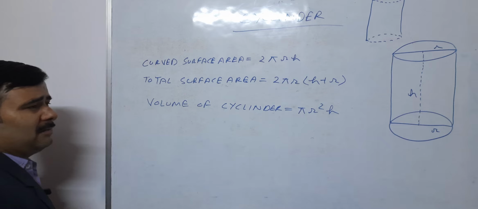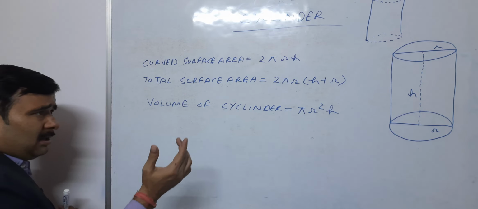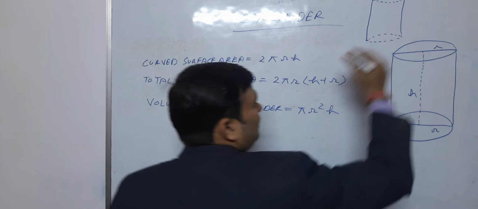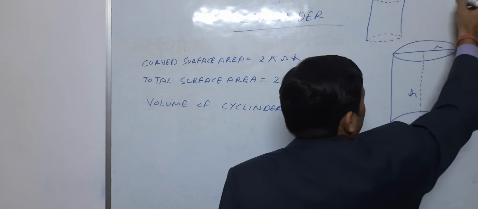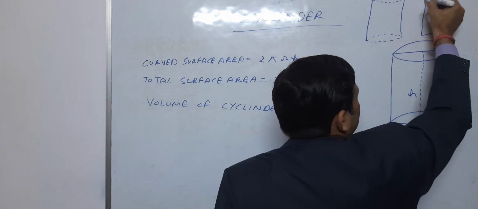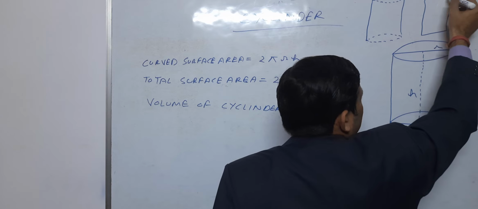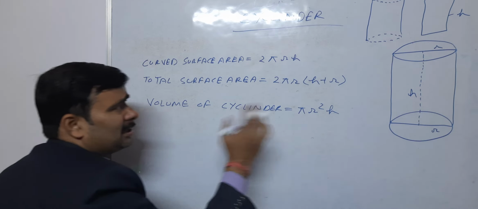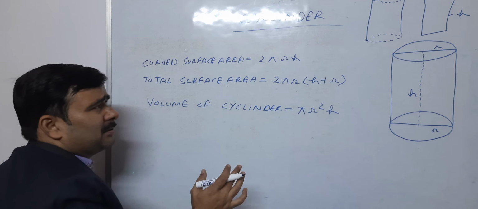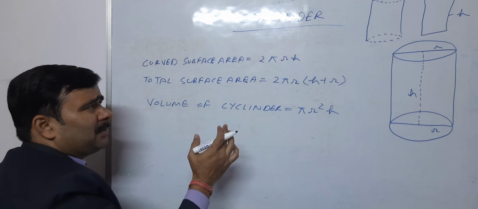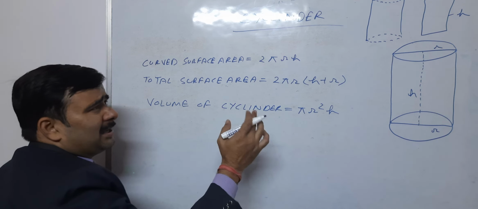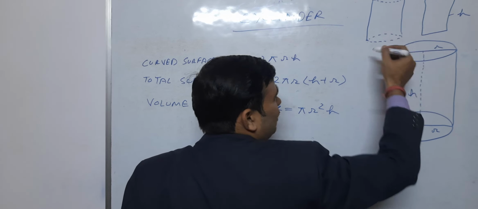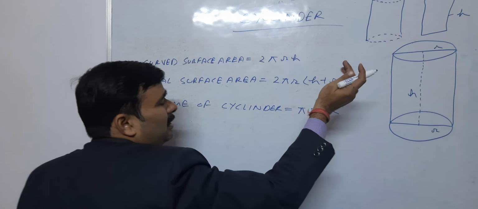So whenever we calculate it, we have a height. Suppose we have a rectangular shape like that, in which this side will be denoted by h, and the other side will be 2 pi r, because this is the perimeter of the circle.